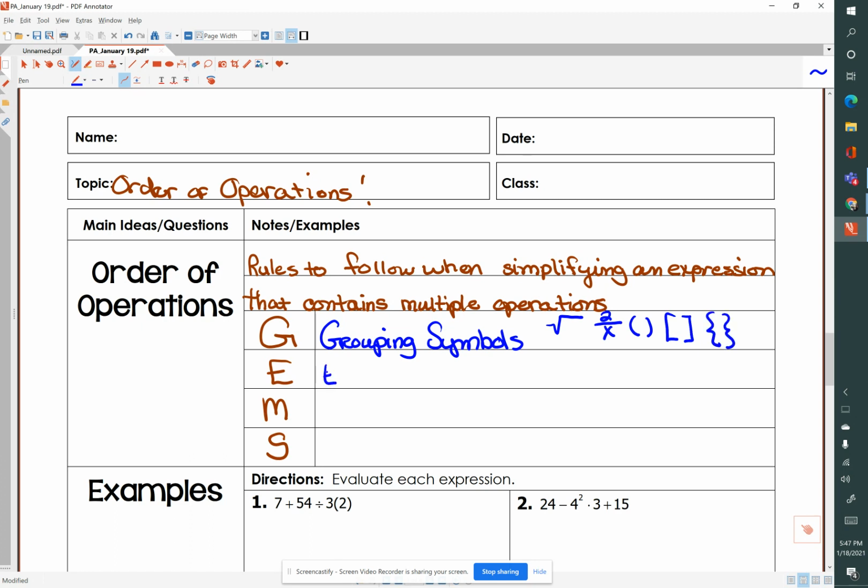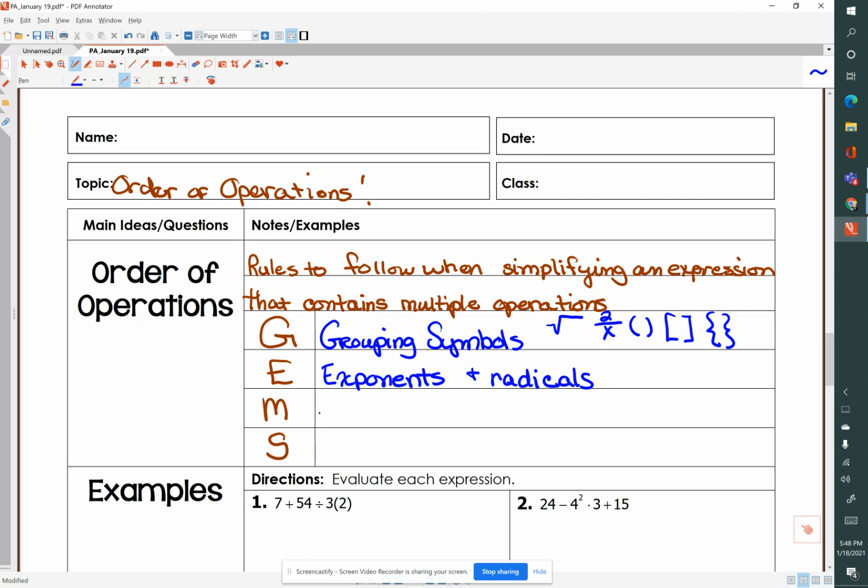Okay, E is for exponents. And also, I want you to think about radicals when you think about exponents. And I bet you have to look at the context.